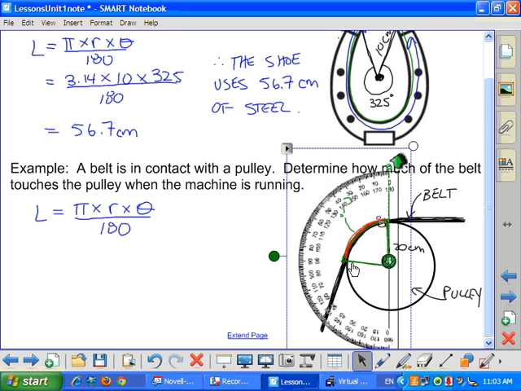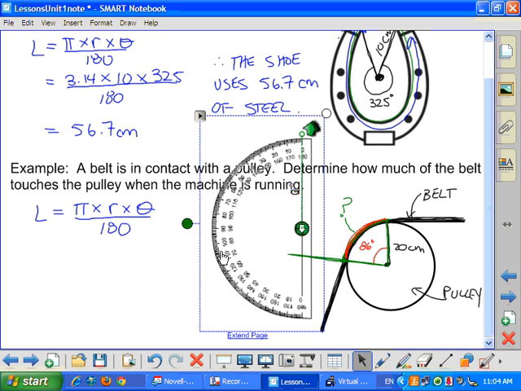I need to take a ruler and extend that green line there. And when I'm reading it off, I'm looking at the angle from there to there on my protractor. I would say it's about 86 degrees.